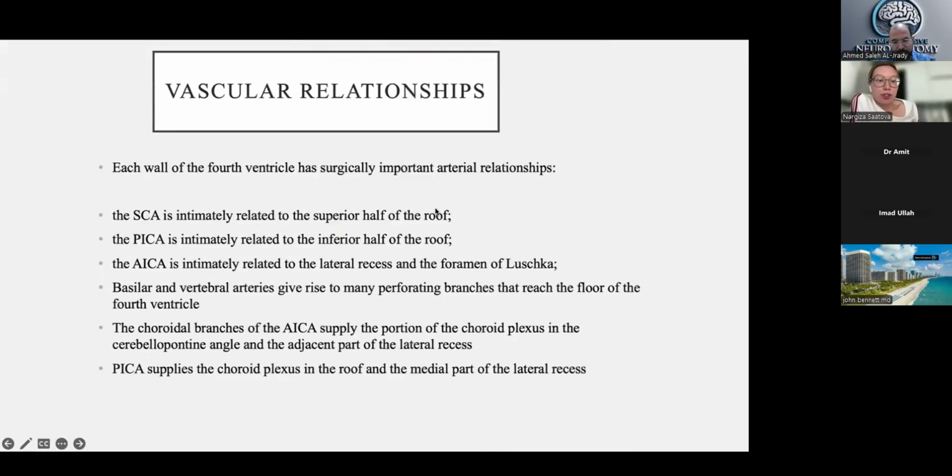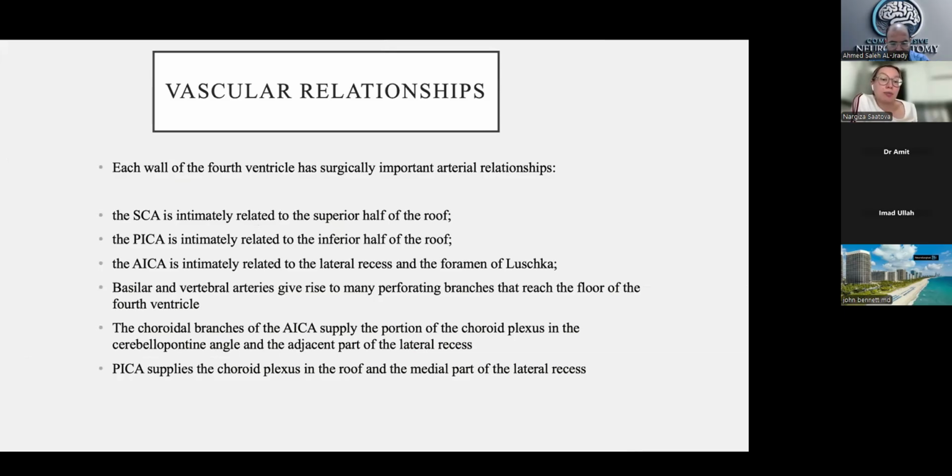Regarding the vascular relationship, each wall of the fourth ventricle has surgically important arterial relationships. The superior cerebellar artery is intimately related to the superior half of the roof. The PICA is intimately related to the inferior half of the roof.